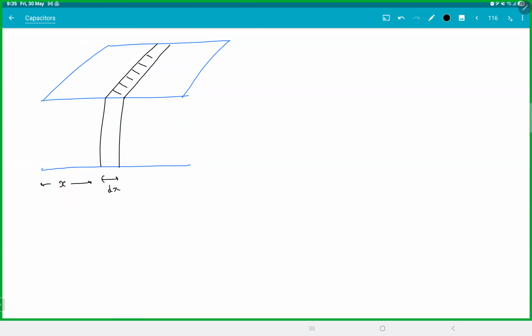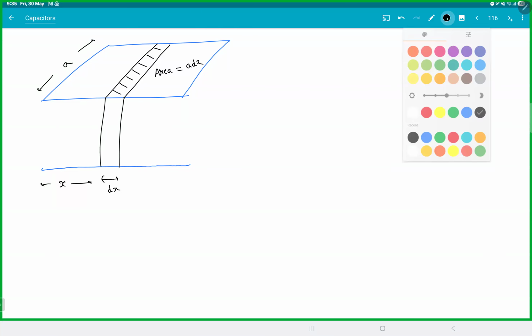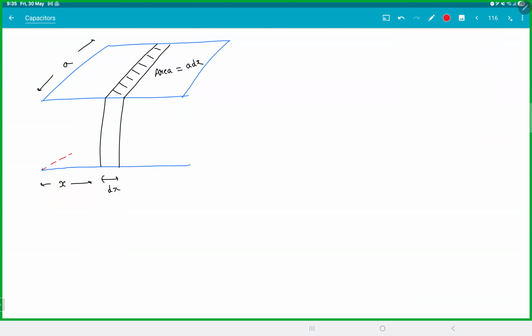This will be like a thin capacitor whose area will be A into dx. If you take this angle as theta, this part is filled with K and the upper part is filled with 2K, so these two will act like two capacitors in series.